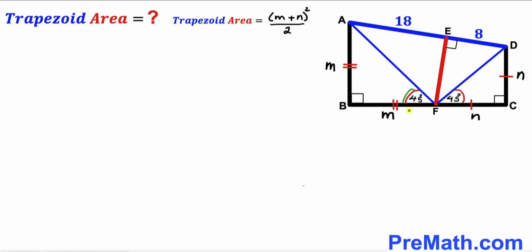We know this angle is 45 degrees, and likewise this angle is 45 degrees. So this angle has got to be a 90-degree angle, and as a result we end up with this right triangle AFD along with this perpendicular EF.